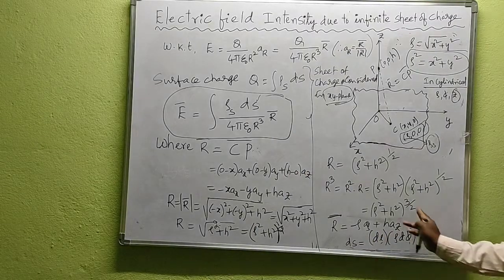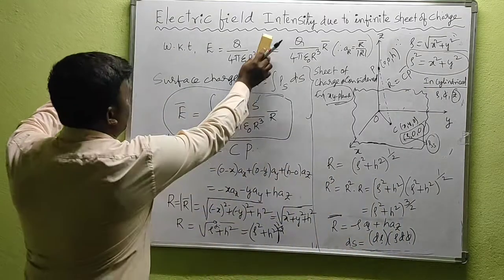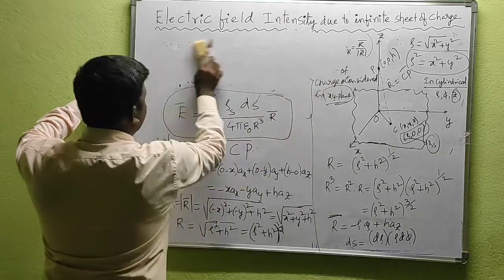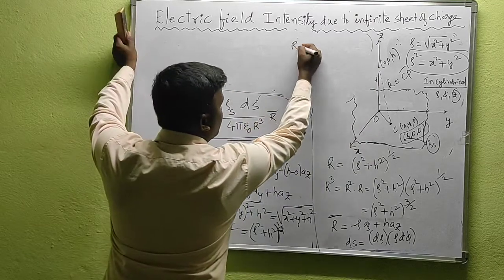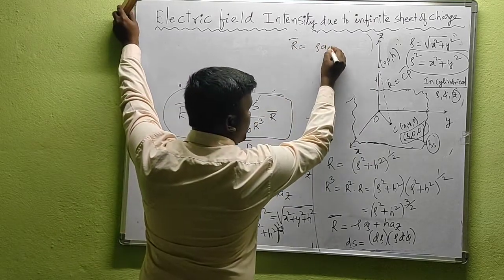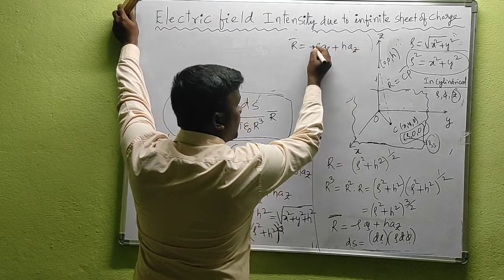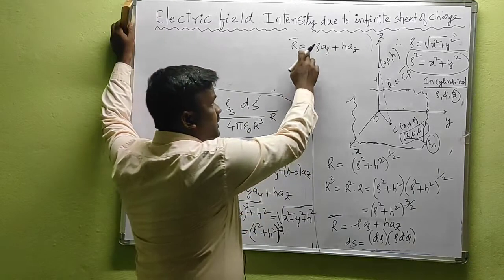Once again I am explaining r bar. What is r bar? The component along the rho direction is rho a rho, and the component along the z direction is h into a z, that is minus rho a rho plus h a z. Why do I consider minus rho a rho?